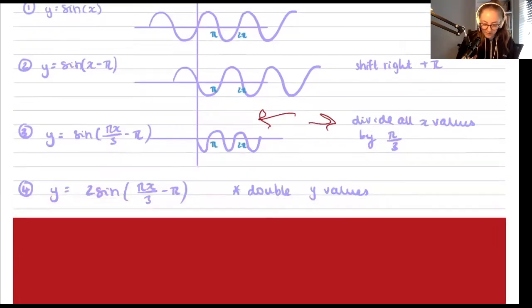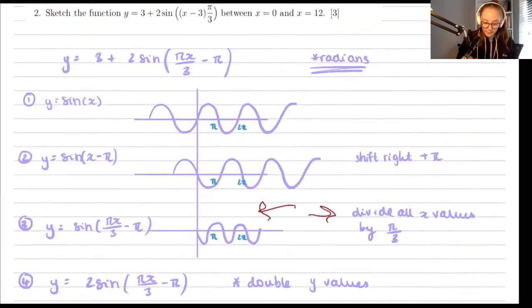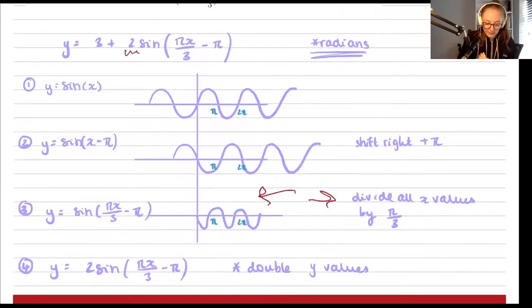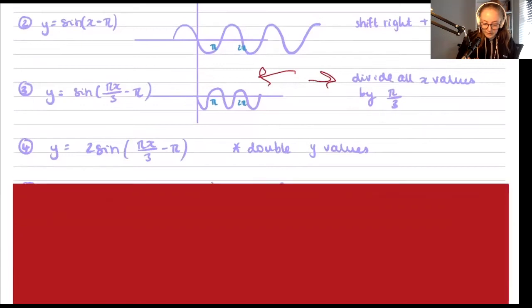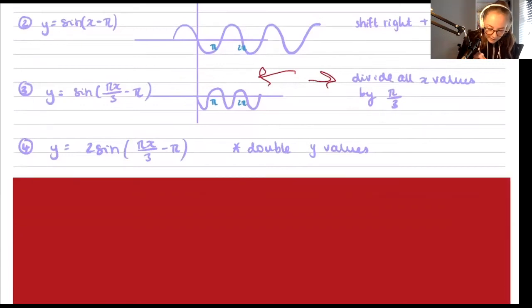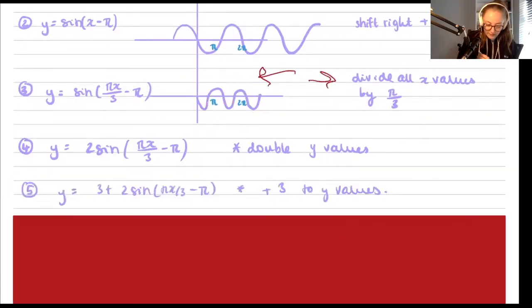Then the next step is we look at what's outside the bracket here. And what that's going to do is it'll double all the y values so that you get these at double the amplitude, like that. And then finally, this plus 3 shifts that graph up 3 spaces.